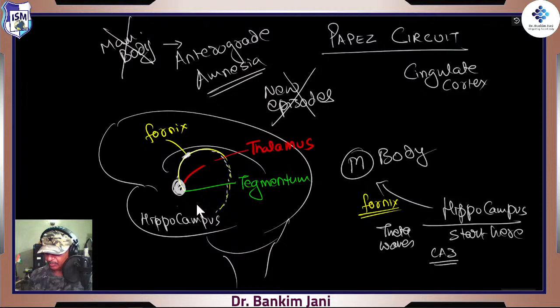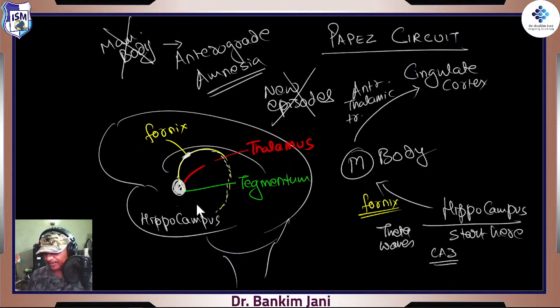Now this once again passes via the anterior thalamic tract, that is via this thalamus. So here it is the thalamus, and this is the anterior thalamic tract. It goes via it.